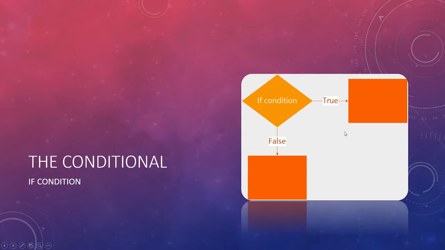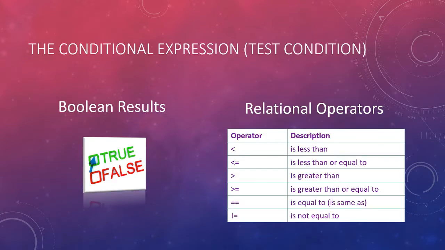Now, when we're thinking about our if statement condition, we want to think about something that always results in a Boolean, either a true condition or a false condition. So our test expression, our conditional expression, is something that we can say, yes, this is true, or yes, this is false. There's no shades of gray.